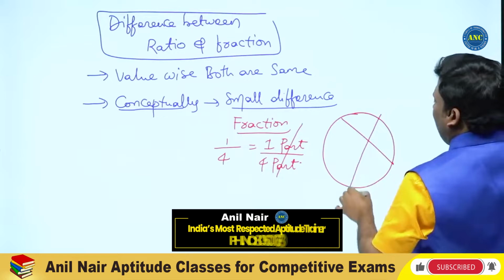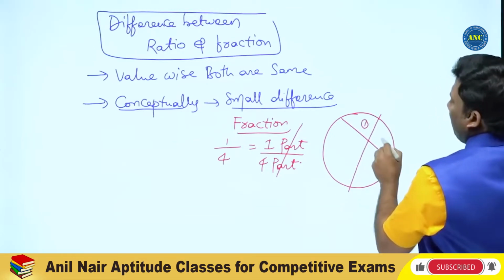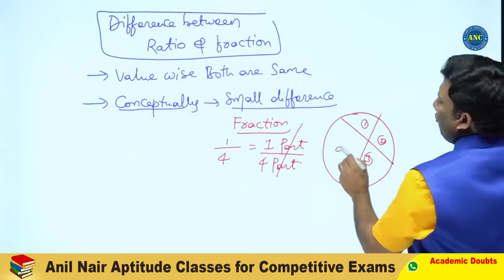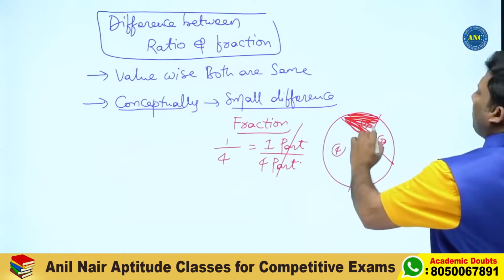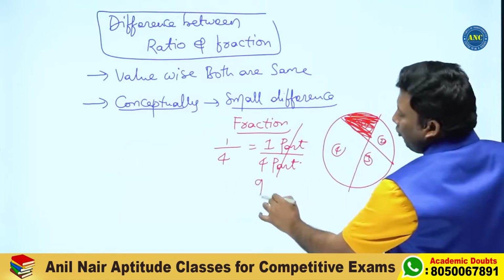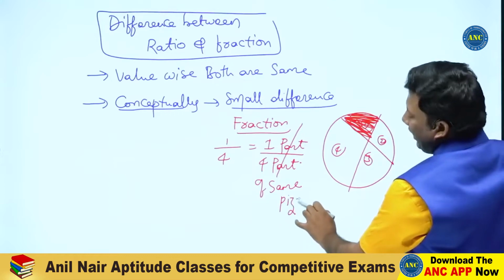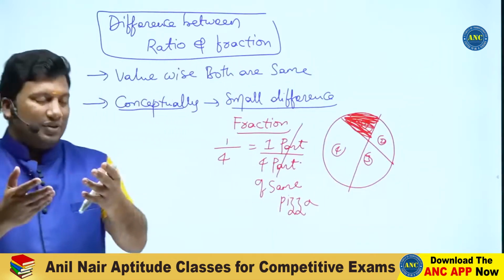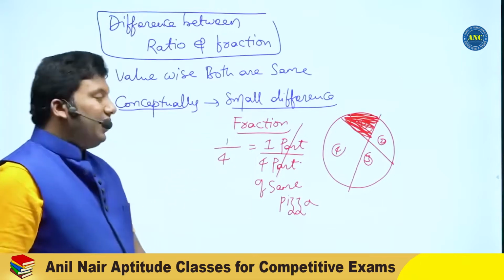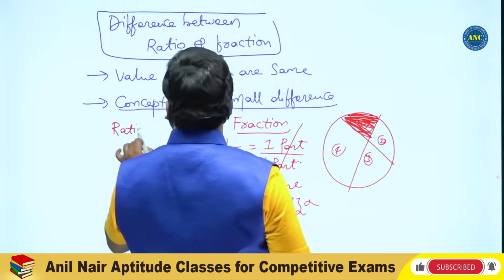The pizza is divided into first part, second part, third part, fourth part. I am taking one part out of 4 parts of the same pizza. That is called a fraction.